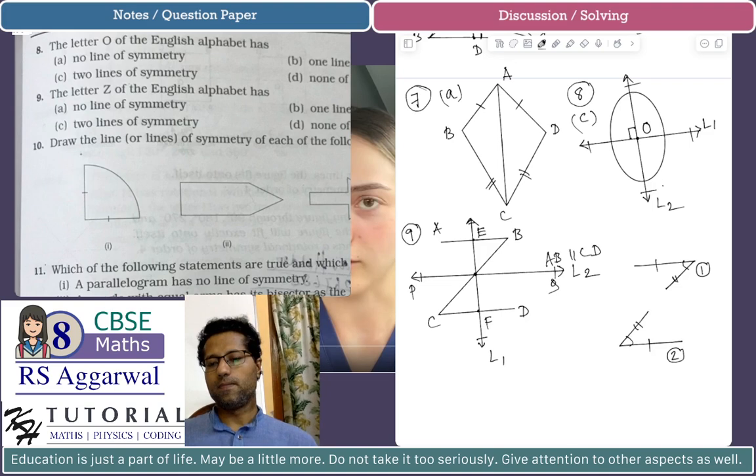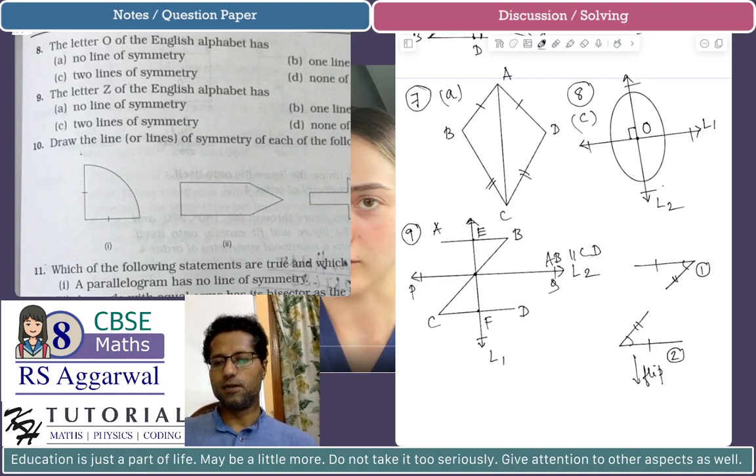Now, if you flip this figure 2 horizontally, it will become something like this.